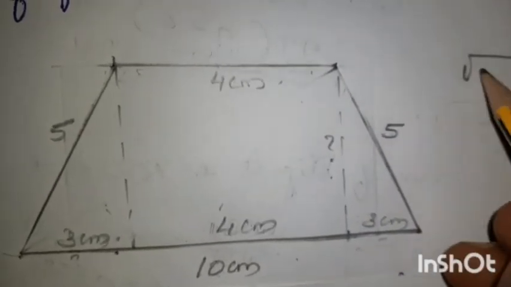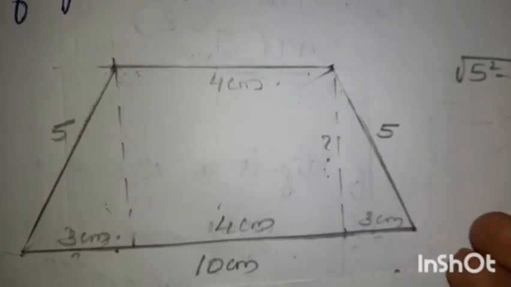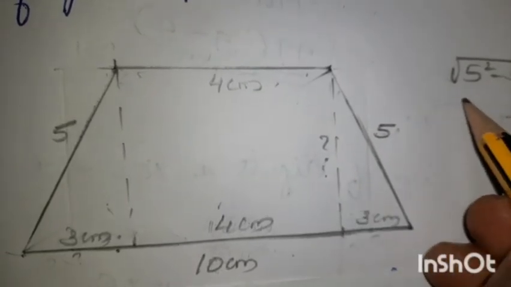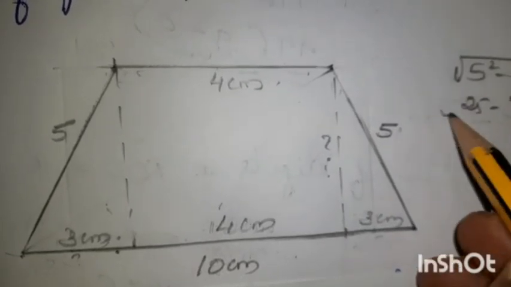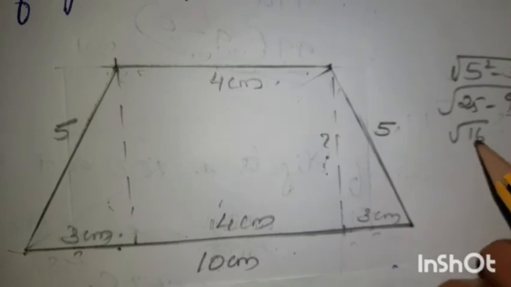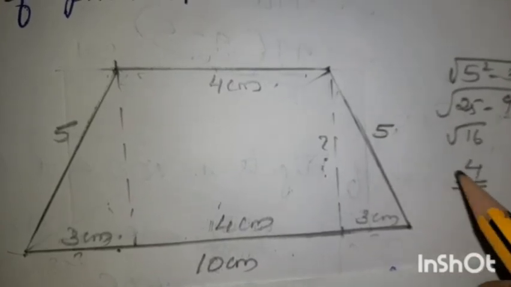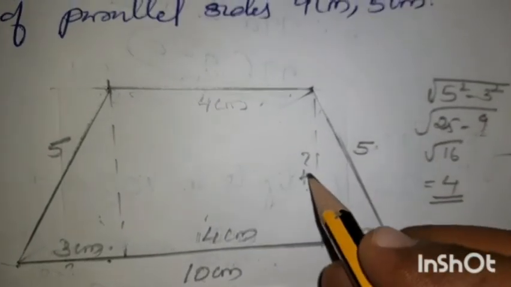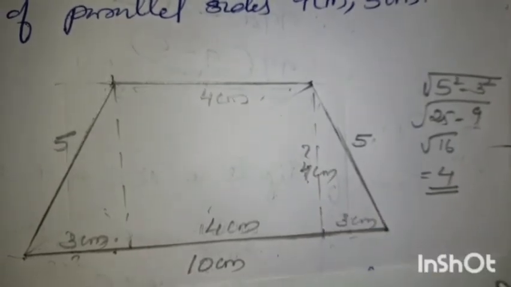So it is root of 5 square minus 3 square. So it is 25 minus 9. We are getting root 16. Root 16 means the length is 4 centimeter. So the height you are getting 4.